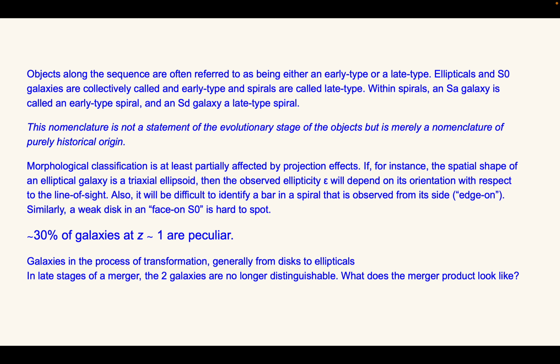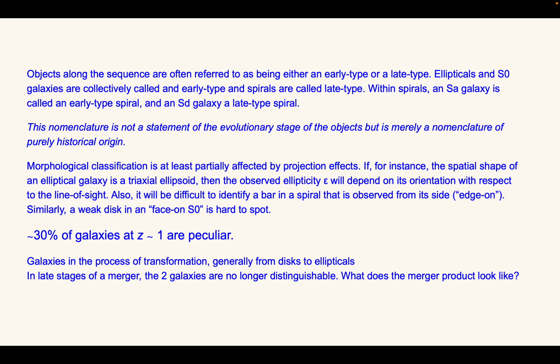This nomenclature is not a statement of the evolutionary stage of the object, but merely a nomenclature of purely historical origin. So you must keep in mind that the objects along Hubble's sequence diagram are often called early type galaxies or late type galaxies.